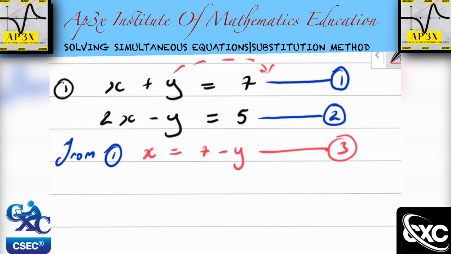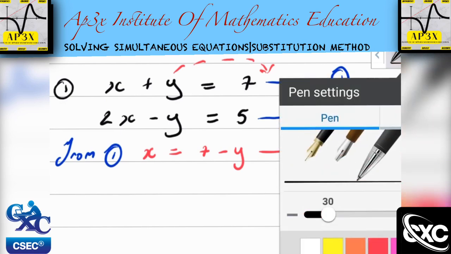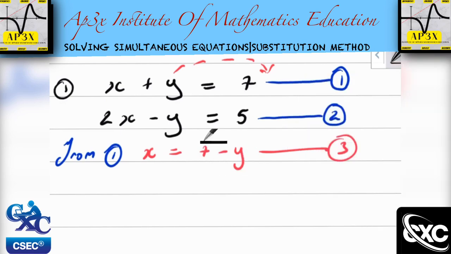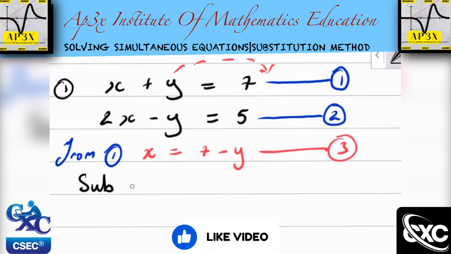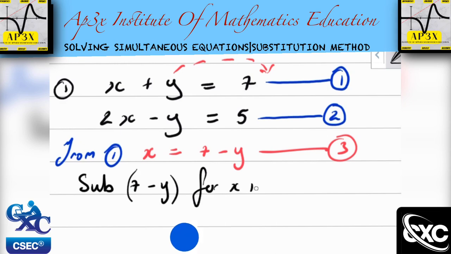So now what's going to happen here is that I'm going to substitute this expression, 7 minus y, for x. So I'm going to sub 7 minus y as an expression for x in, of course, equation 2, because it is equation 1 that created equation 3.